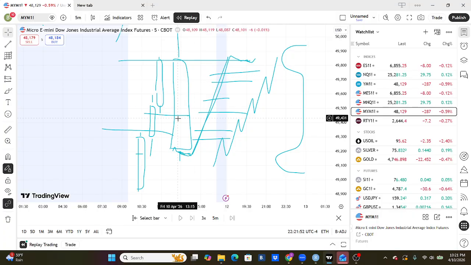But if you're able to close below this fair value gap, that means there's that many aggressive sellers that these sell orders got absorbed by buyers, and then all of them got absorbed, and they still continued lower and closed below.